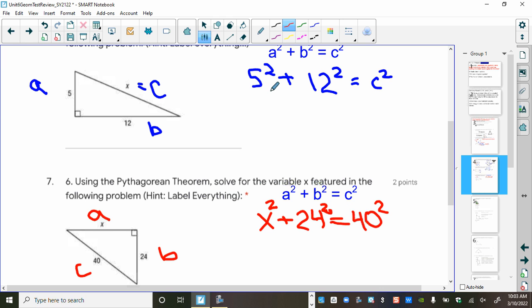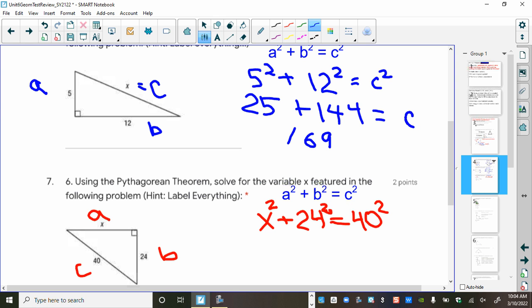But the very last step in both cases, well, let's talk about it. 5 squared is what number? Yeah, you got to find that square root in the end. So you're right, 25 and 144, add them up. You got 169.